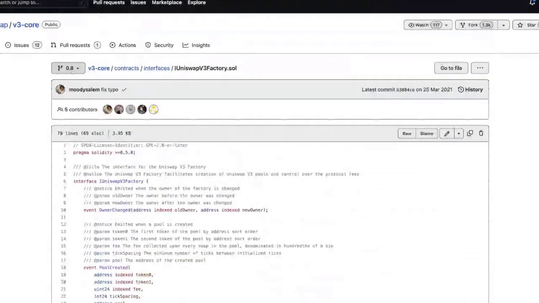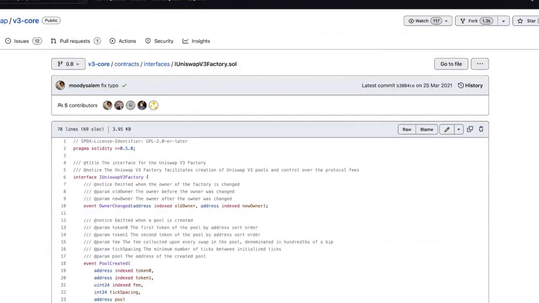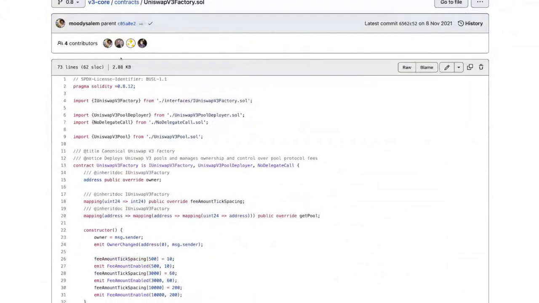All right, so that's interesting that it's a 0.8 Solidity branch, but the interface is just greater than 0.5. Very interesting. And then they have some that are strictly 0.8.13 and 15, and then some that are 0.8.12, and some that are greater than or equal to 0.7.6.